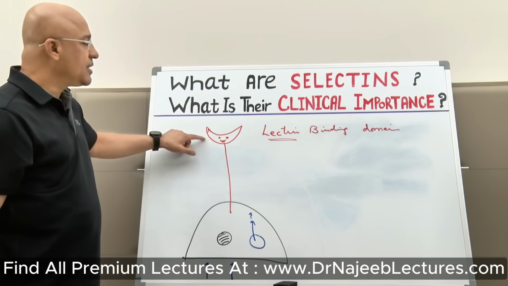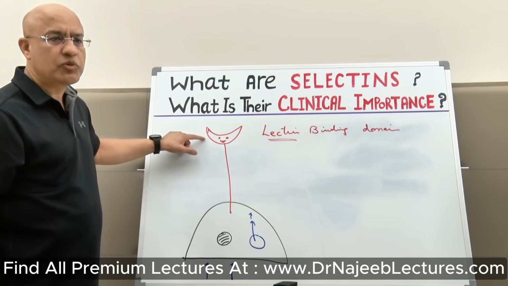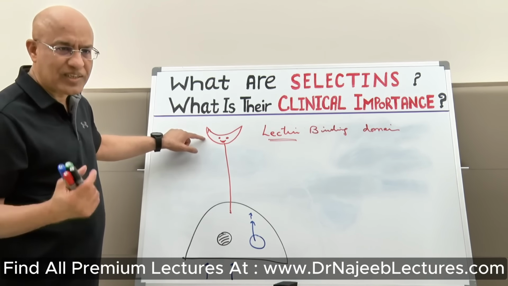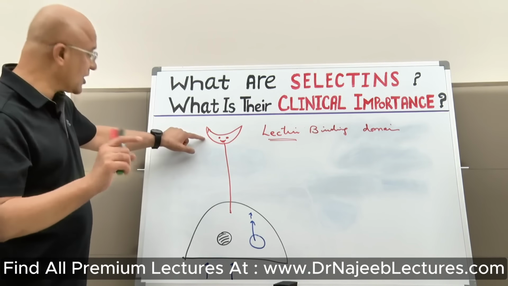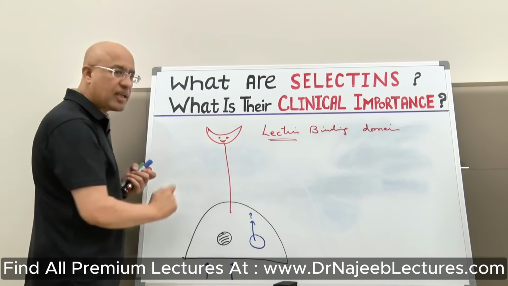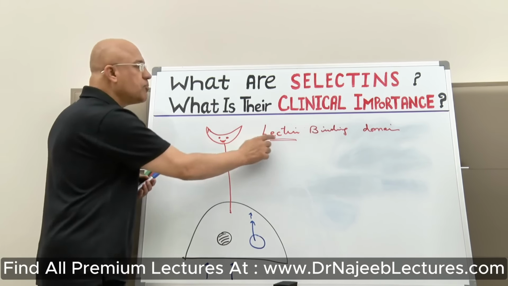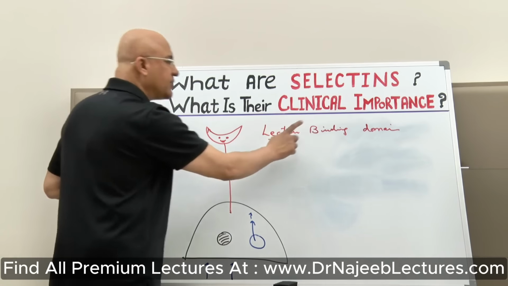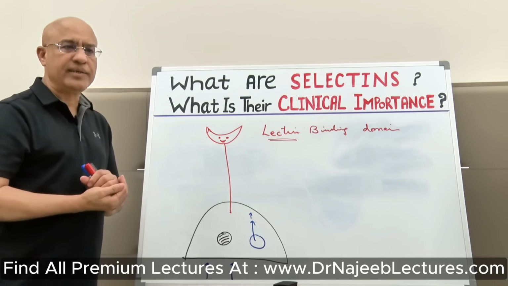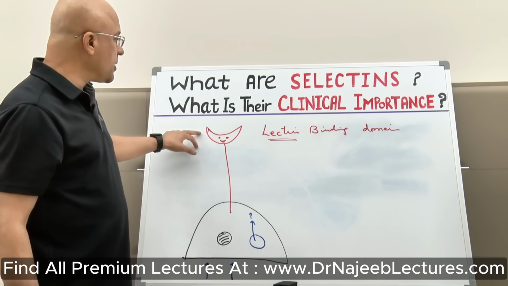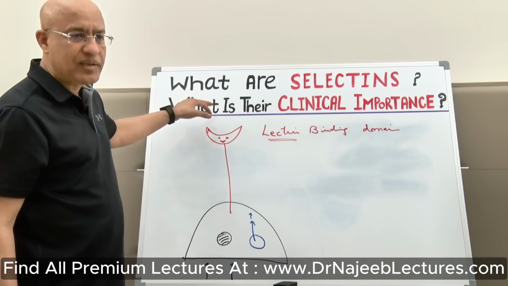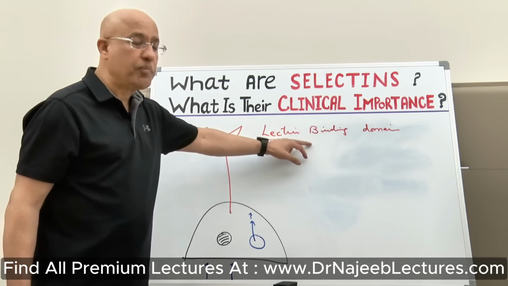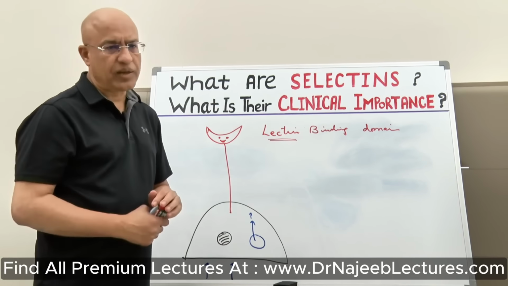Or we say this loves to bind with sweet carbohydrates. I will go into detail later, what kind of receptors they are. So lectin binding domain, which is actually carbohydrate binding domain, and this binding between this receptor domain and its counter receptor, that is the ligand, depends on presence of calcium.